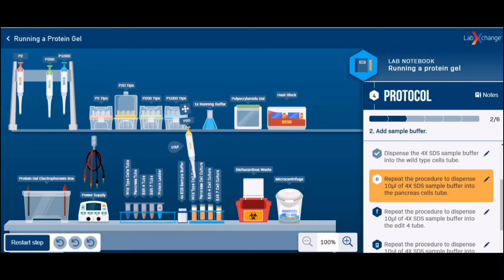Always remember that we need to attach a new tip and eject the tip in the biohazardous waste.